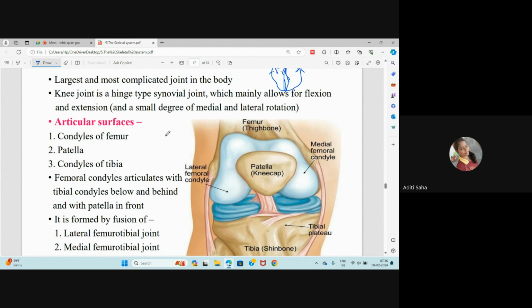Can you see my pencil? So let's assume that this is our leg, this is the upper leg, and this is the lower leg. So this is our knee.